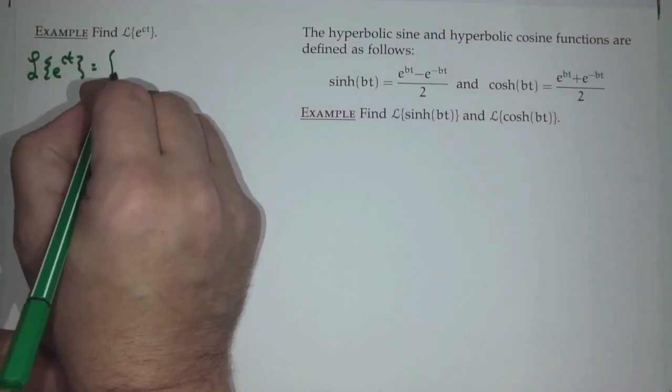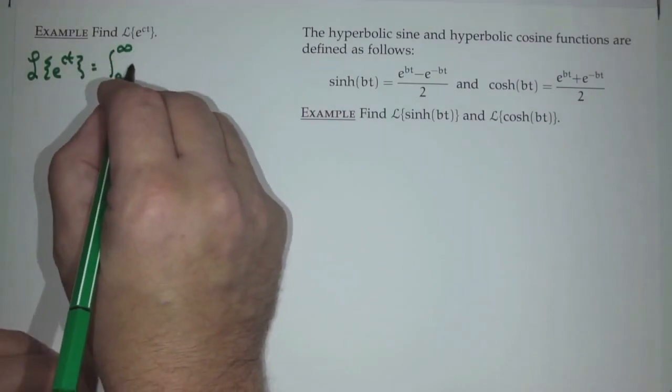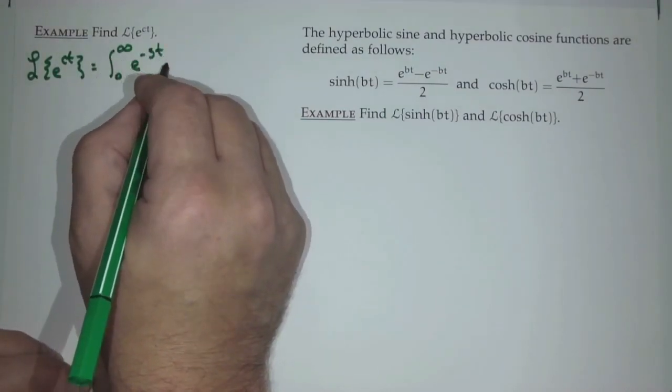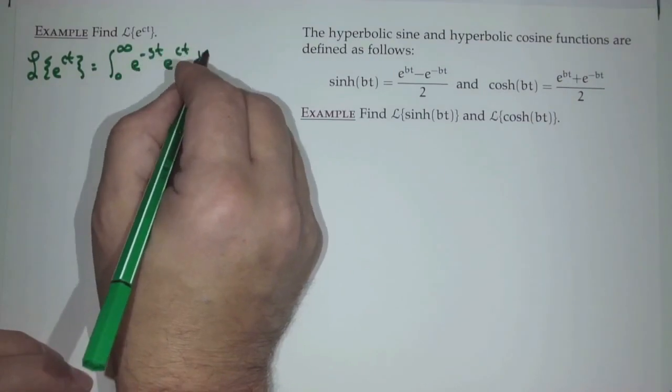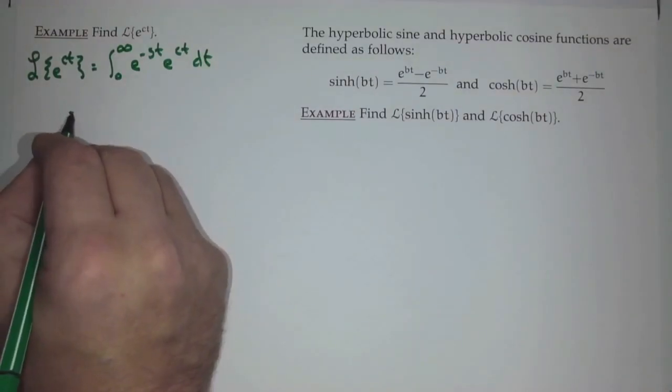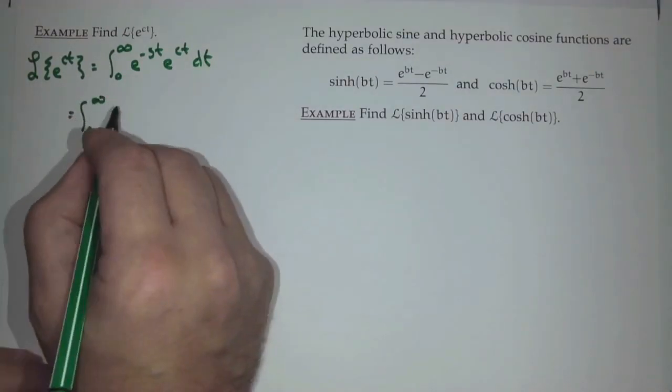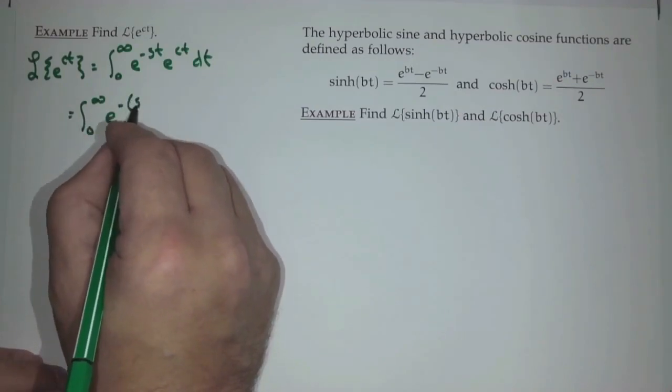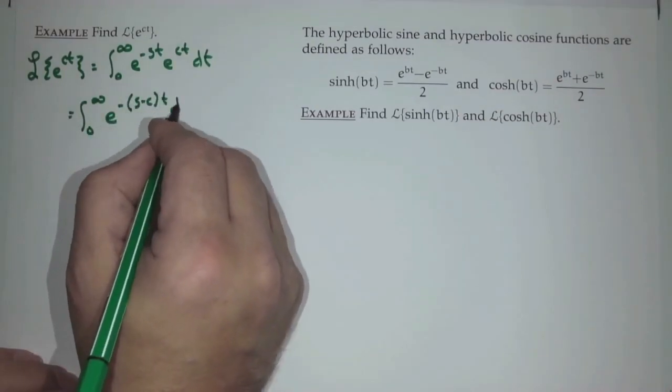So this is the definition, 0 to infinity, e to the minus s times t, e to the c times t, dt. But we just talked about this. That's 0 to infinity, e to the minus, in parentheses, s minus c times t dt.